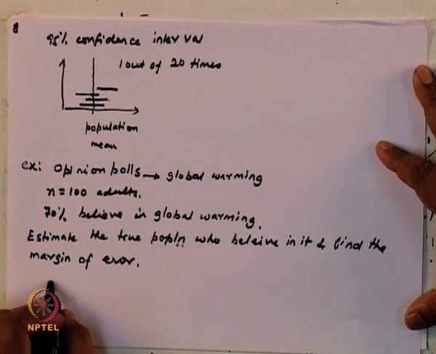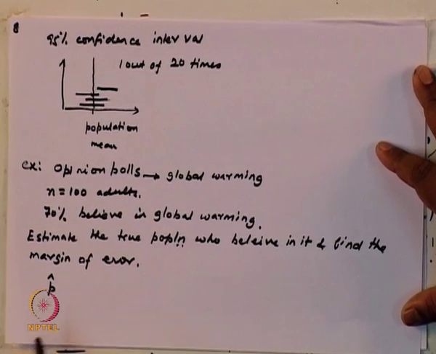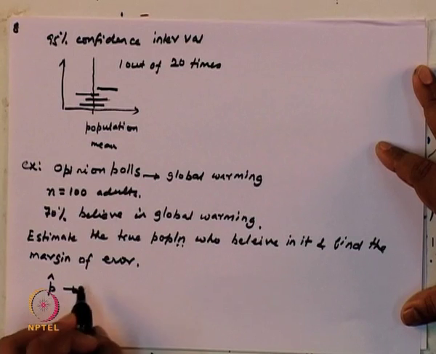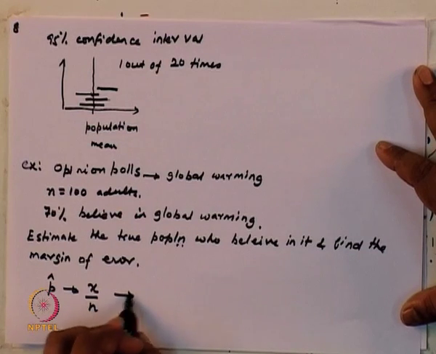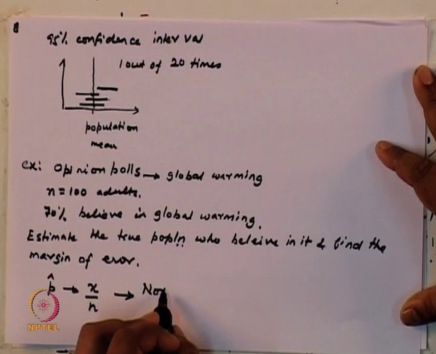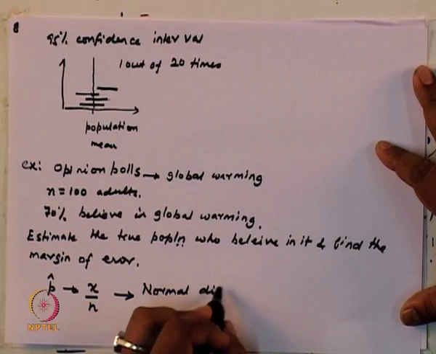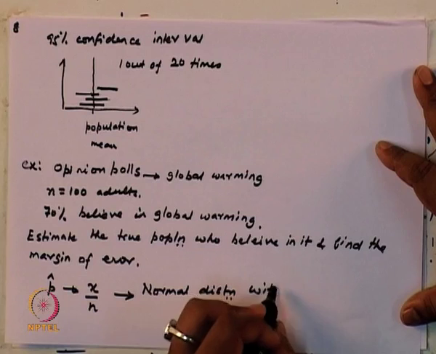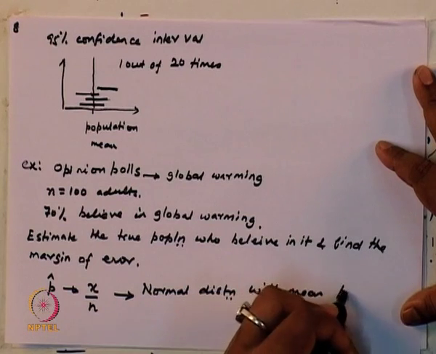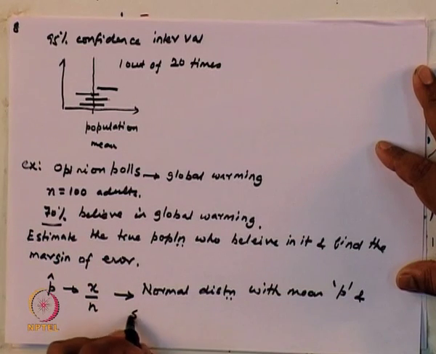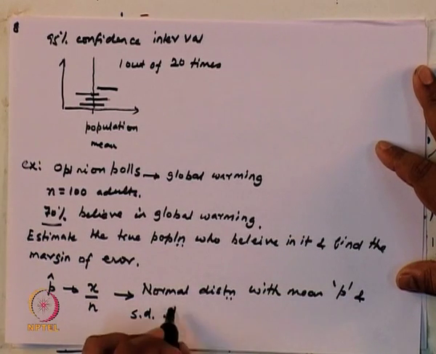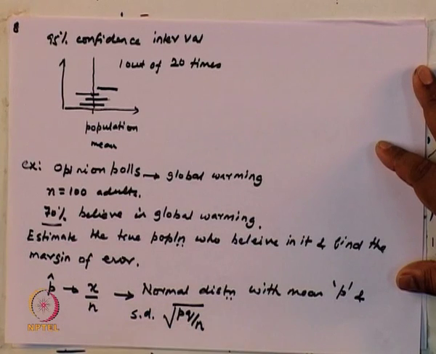So, here you are talking about the proportion. Now, for proportion this follows a normal distribution. The proportion is x, the number of people out of a population who believe in it. So, p, the proportion, follows a normal distribution with mean p, which is given in our case to be equal to 70%, and standard deviation root of p q by n, where n is your sample size.